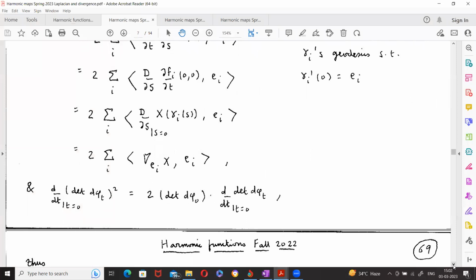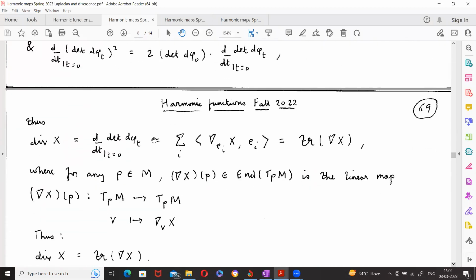Okay, so finally, what do we get? If I cancel the 2's, this d dt at t equal to 0 of determinant d phi t is equal to my divergence of x. This becomes the sum over i of inner product of nabla sub e_i x with e_i. Now I can write this as the trace of a linear map called nabla x.